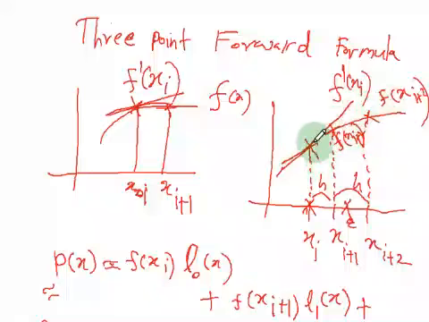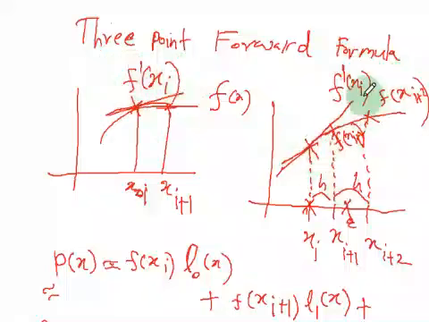This is called the 3 points forward approximation. This is the 2 point forward approximation. This is the 3 points forward approximation. So error for this one is first order, error for this one is second order.